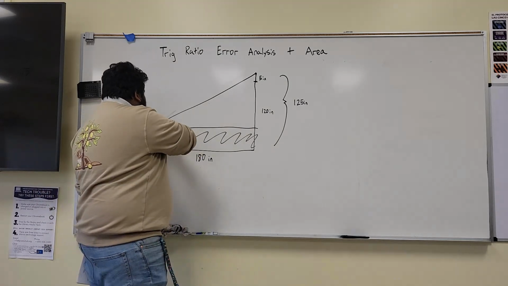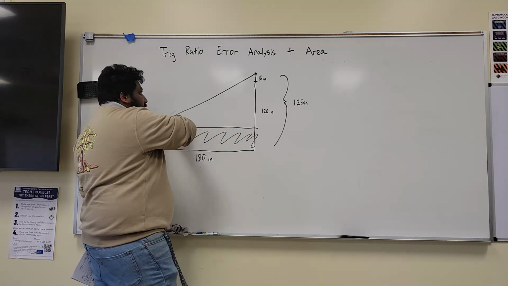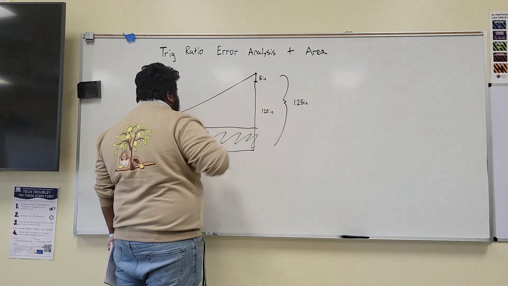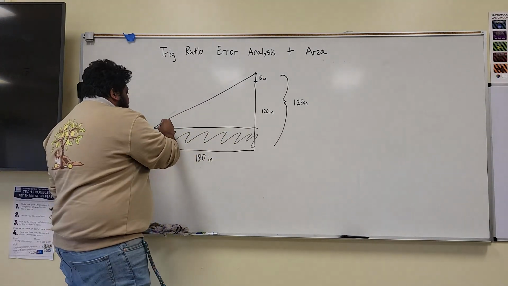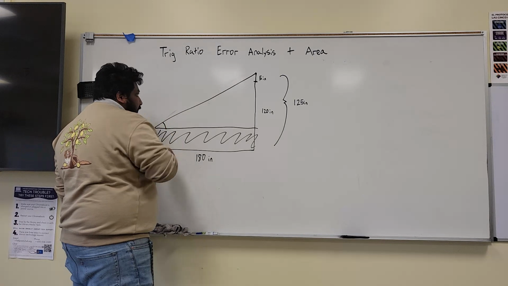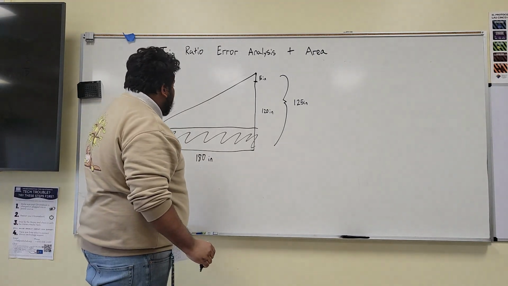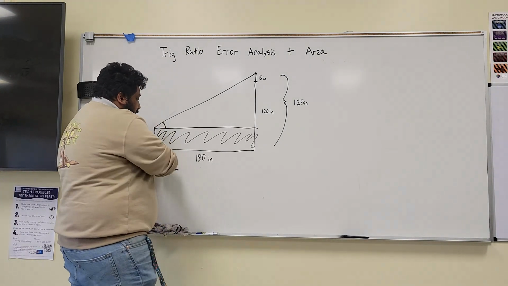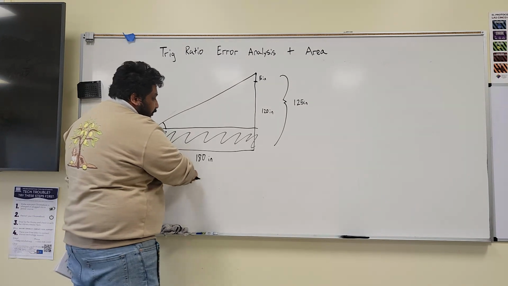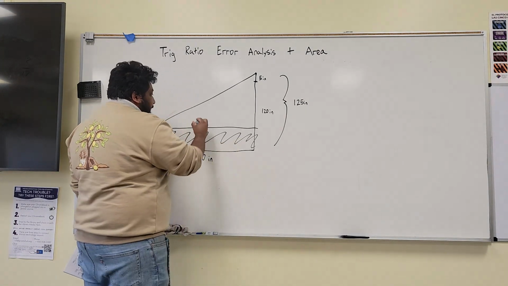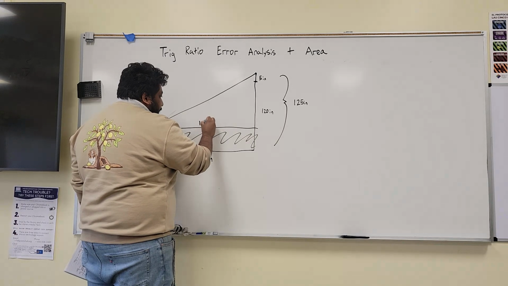So this is going to be from the basketball going into that topmost part, and we're going to be measuring this angle right here. Our distance from the hoop never changes, so we're going to keep this as 180 inches.